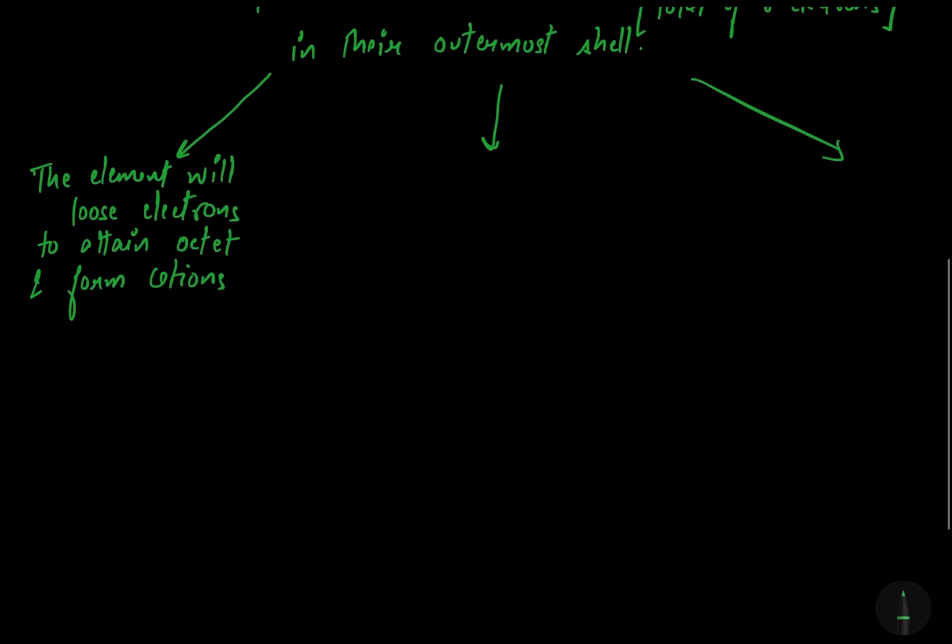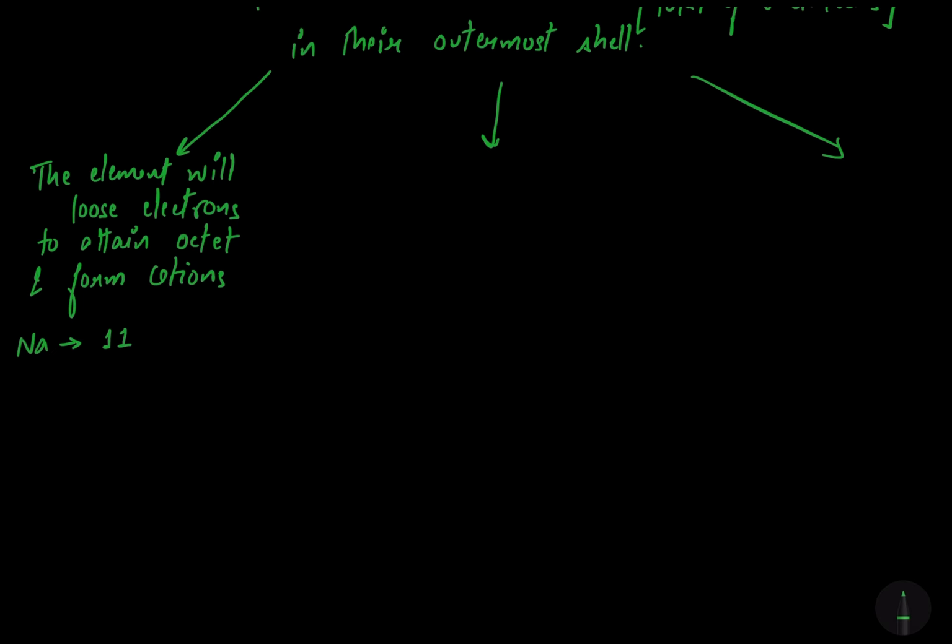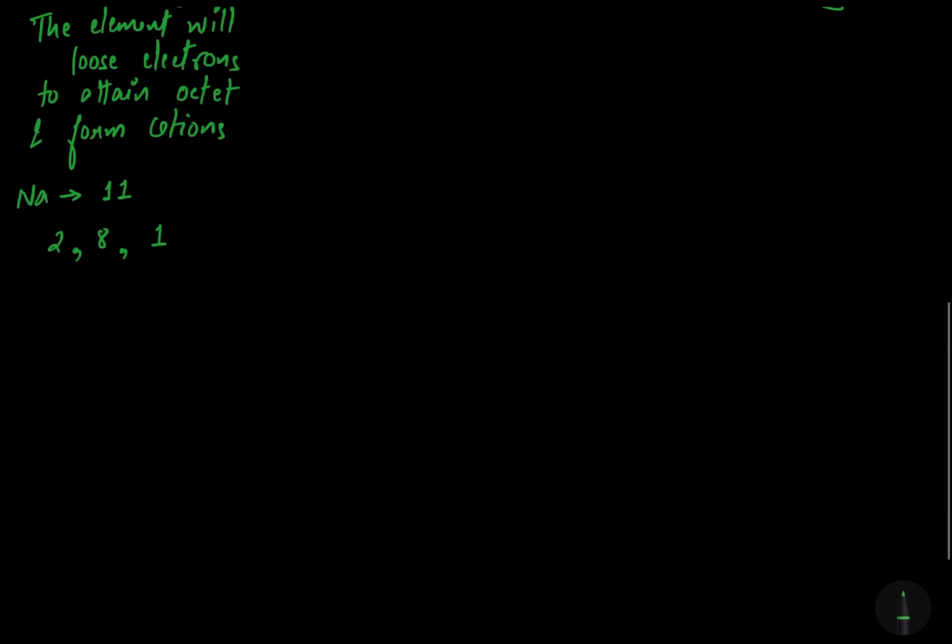Let me give you an example. I'm taking an example of sodium. What's the atomic number of sodium? It's 11. The electronic configuration comes out to be 2, 8, 1. So sodium will lose this electron to form Na positive ion with a configuration of 2, 8.